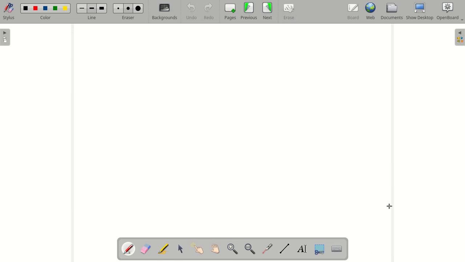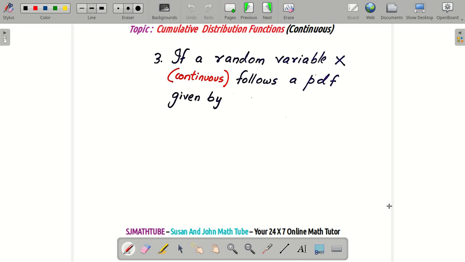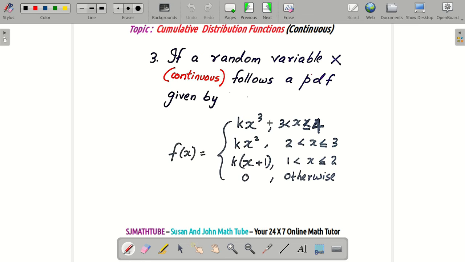So let's go for one more question. And it's kind of different. It's a function in which you will see many parts, or it's a piecewise function with more pieces than we saw before. So as always we have a random variable x which follows the PDF given by this.